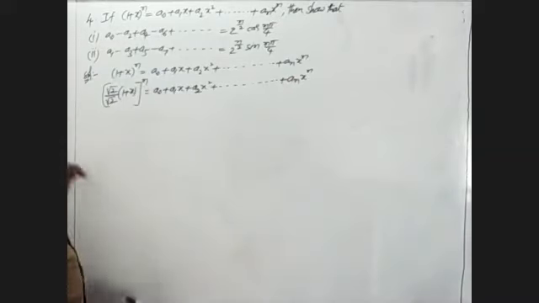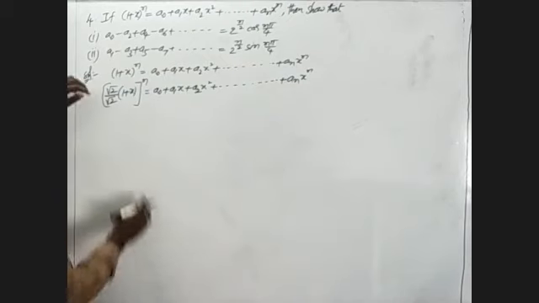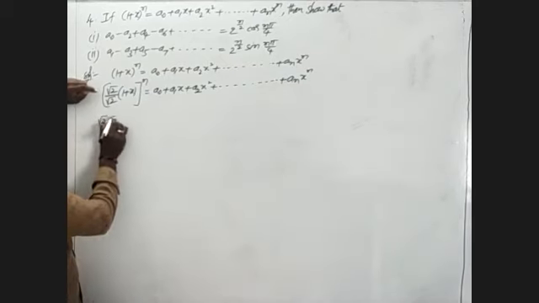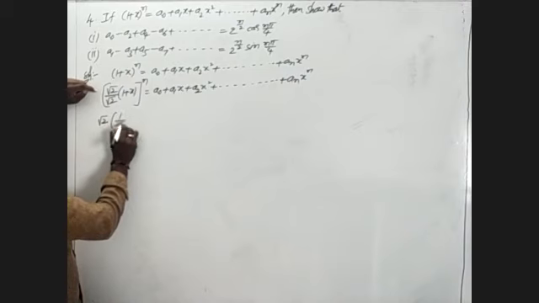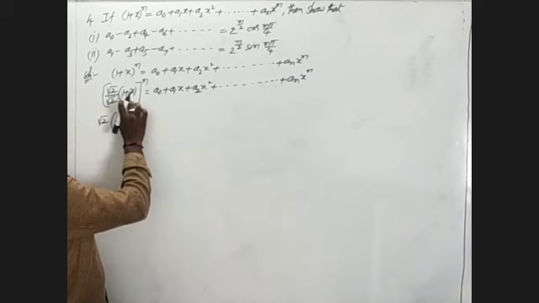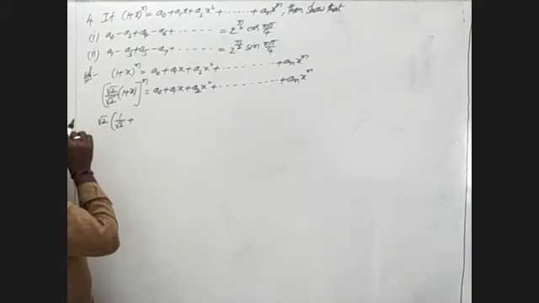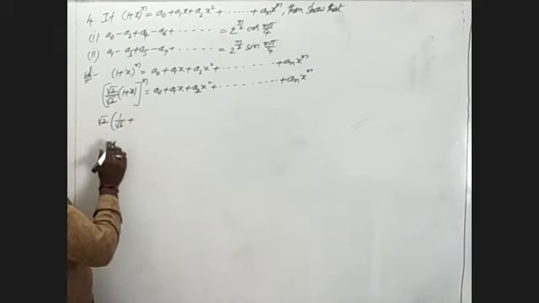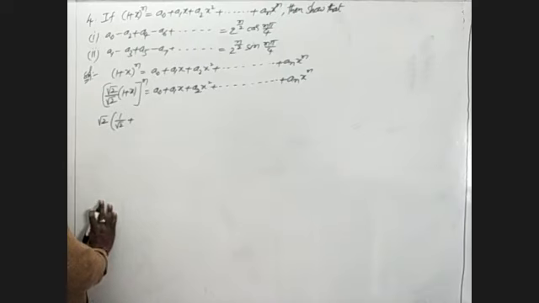How to expand this? I will write root 2 into 1 by root 2 plus 1 by root 2 x, and the remaining we have to write.